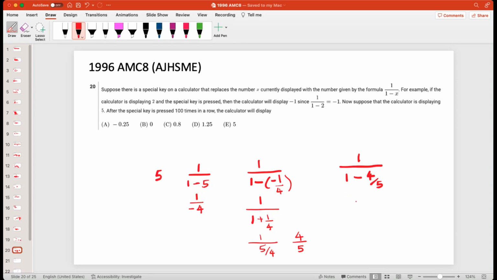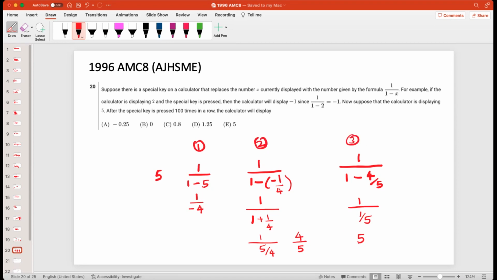So this is going to be 1 by 1 by 5, okay, which is equal to 5, correct? 1 by 1 by 5 is 5. So you see, first, second, third.